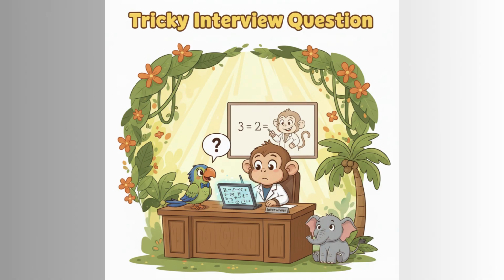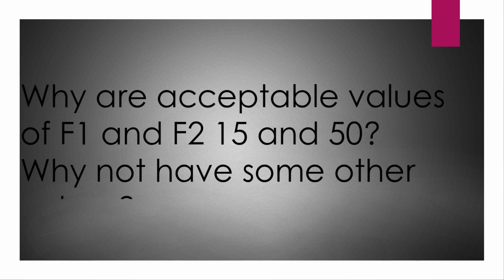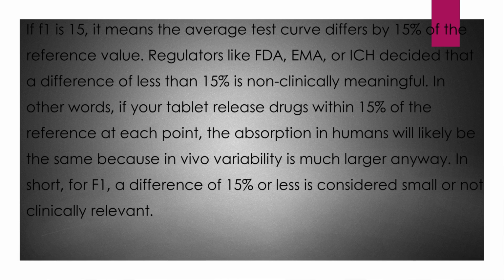Now, as promised, we will discuss an important interview question with respect to f1 and f2. Why are acceptable values of f1 and f2 15 and 50? Why not have some other values? And the answer is, if f1 is 15, it means the average test curve differs by 15% of the reference values.